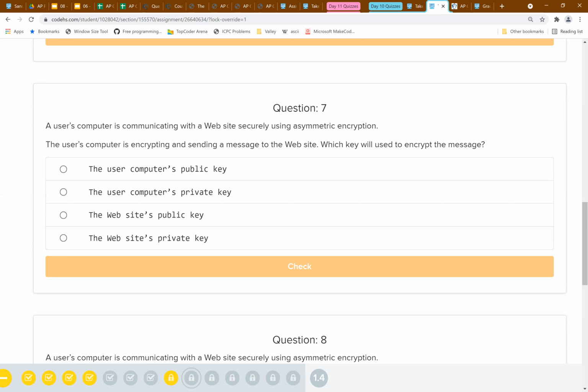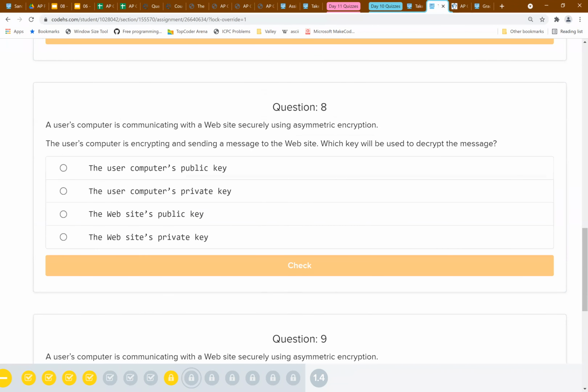Their public key. We're going to use their public key. So we want to send a message to the website, and we want to make sure that we're sending the message that is encrypted with the key that they can use to decrypt. So we're going to encrypt with their public key so that they can use their private key to decrypt.